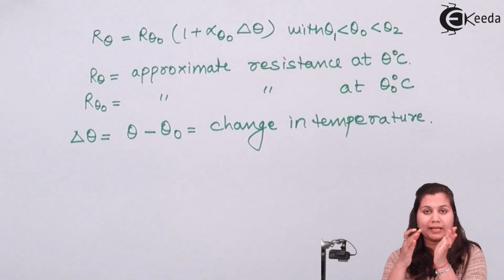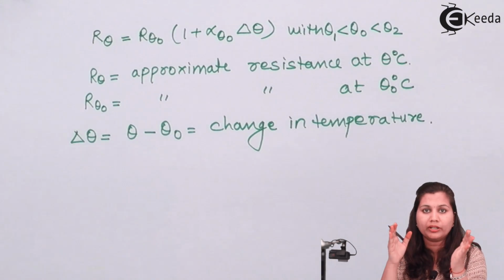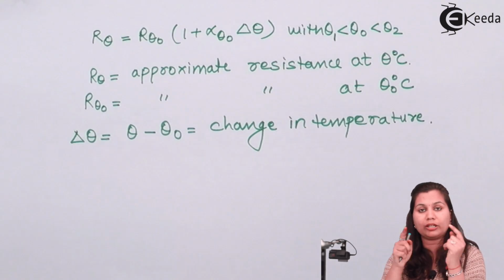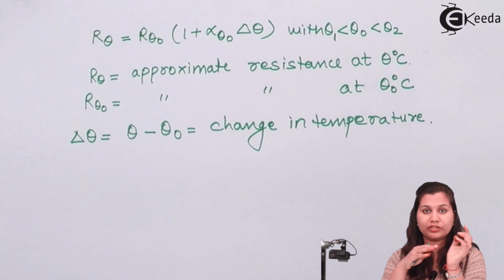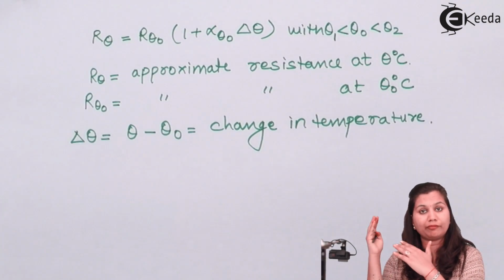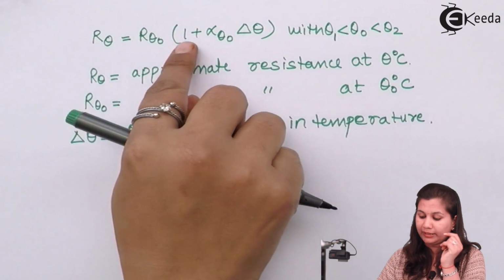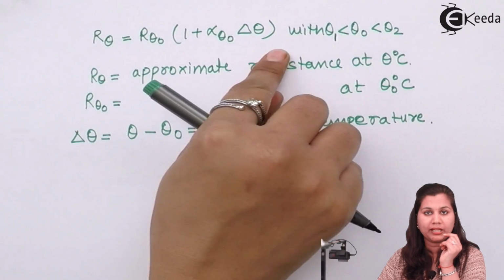We are minimizing the curve, or considering the curve for a short range of temperature. So in that case, the equation which we have studied earlier, r equals r theta 1 plus alpha 1 t plus alpha 2 t square, will be reduced. Only this part will be left.